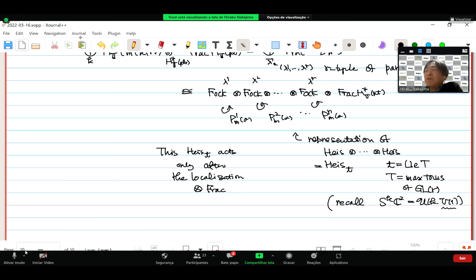Well, I mean, you can formally consider the disjoint union of Hilbert schemes of points. But I'm not sure this question is really well defined or not.